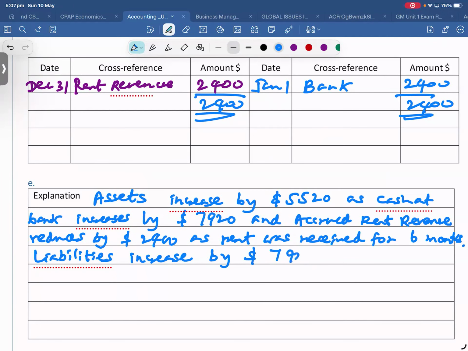This 7,920 as unearned rent revenue increases by 4,800.